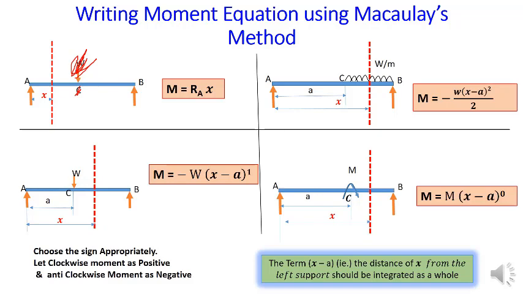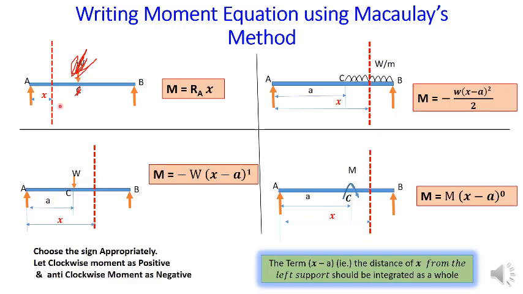When you are writing the moment equation in this first example, the section is at a distance of X from A. You have to appropriately choose the sign. While writing this Macaulay's method, I have assumed the clockwise moment as positive and the anti-clockwise moment as negative.